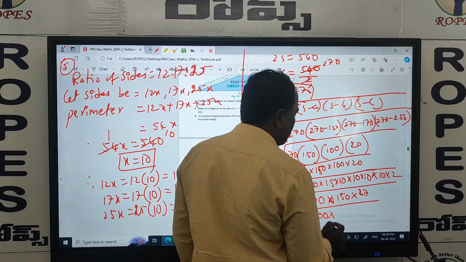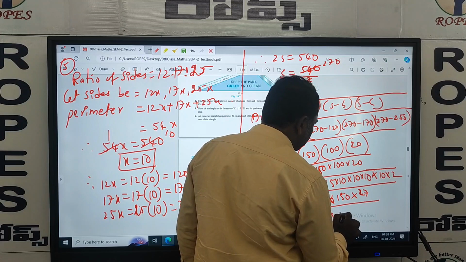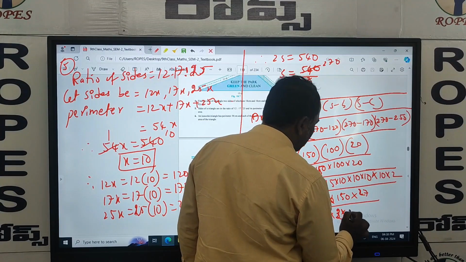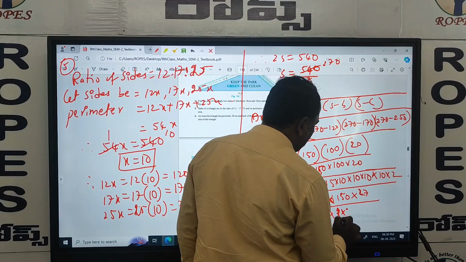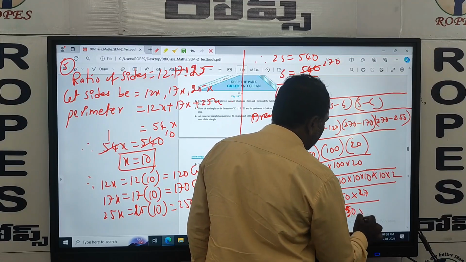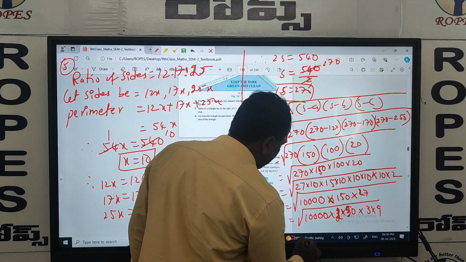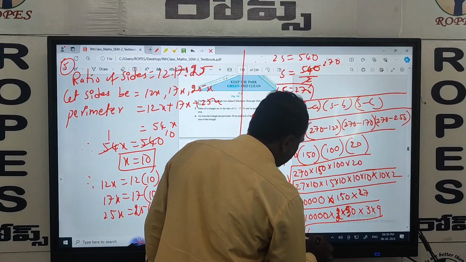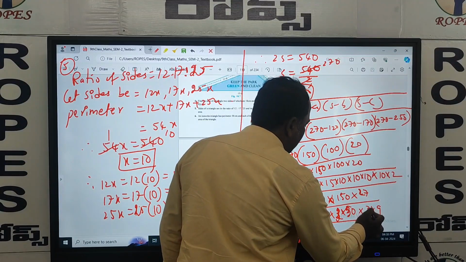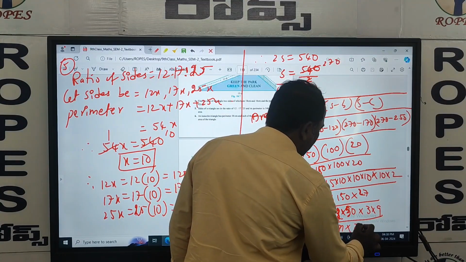Instead of 3 into 3 we write 9, so 10,000 into 9 into 9, which is 81, into 2 into 25.